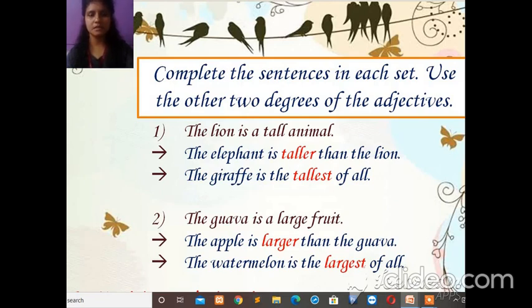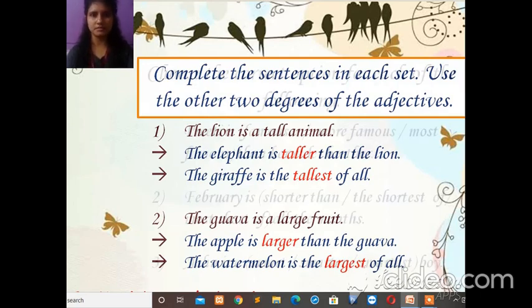Second one is, the guava is a large fruit. The apple is larger than the guava. Here, larger than shows comparative degree. The watermelon is the largest of all. Here, largest shows superlative degree.